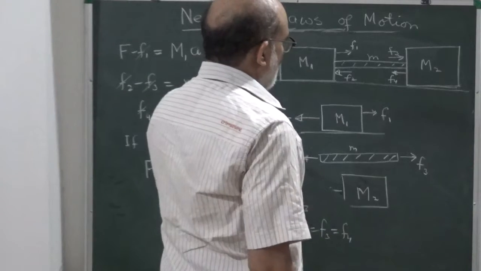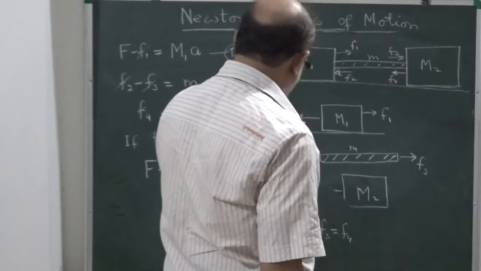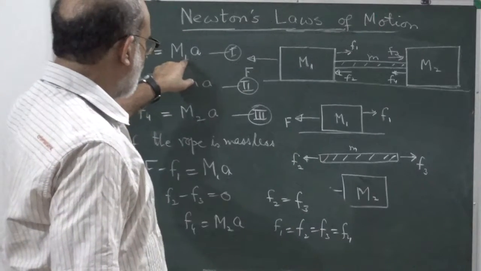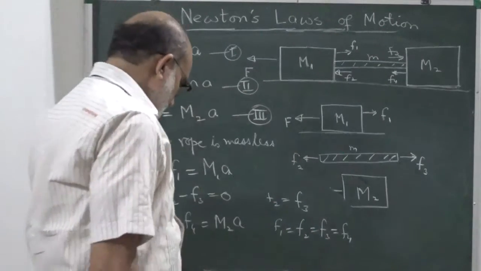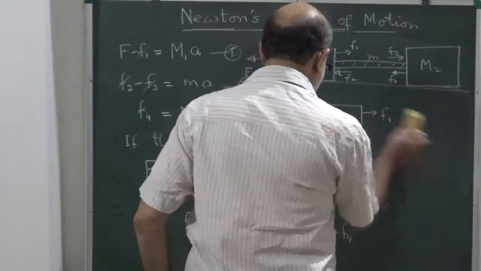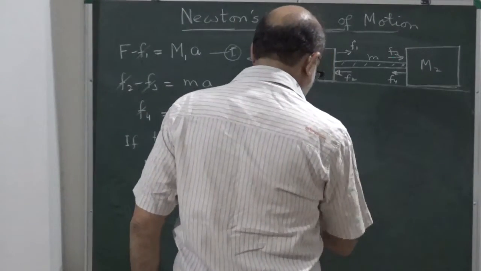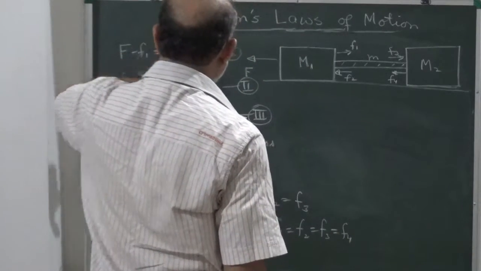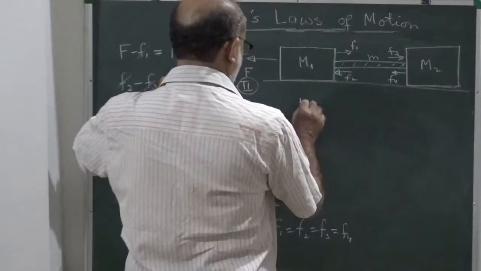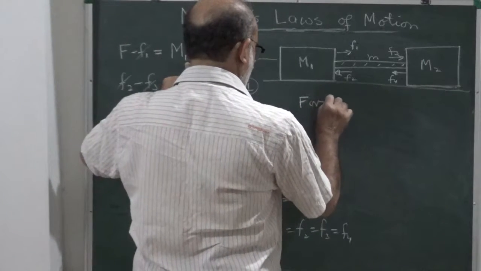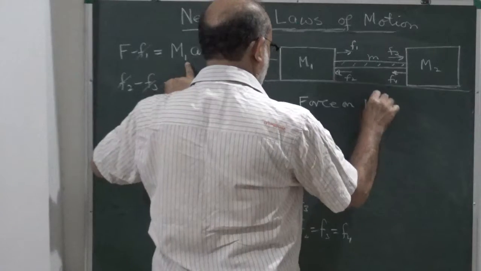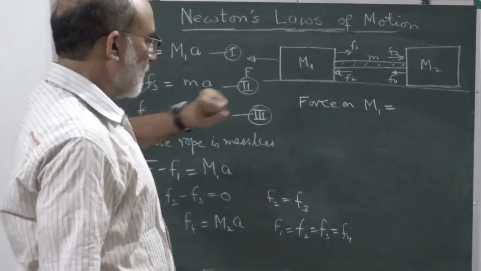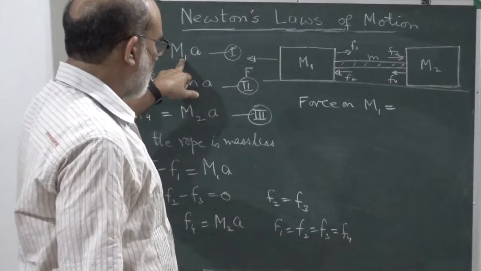Earlier, the force on the block M1 is M1a, and a we have found to be 8, and this mass I have taken as 5.